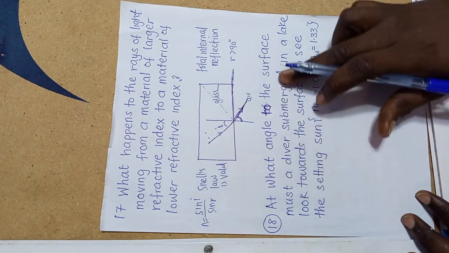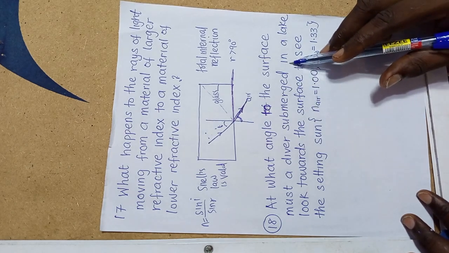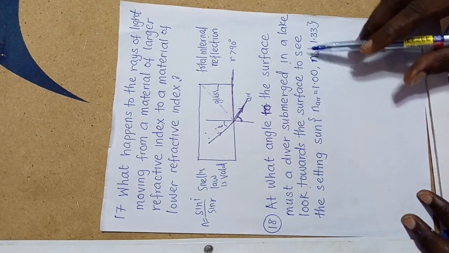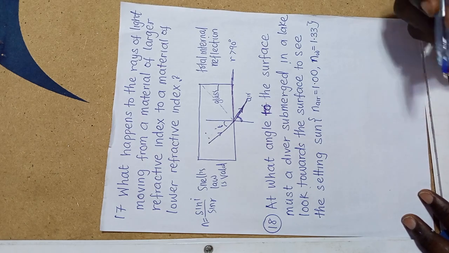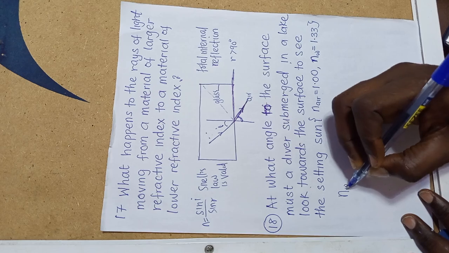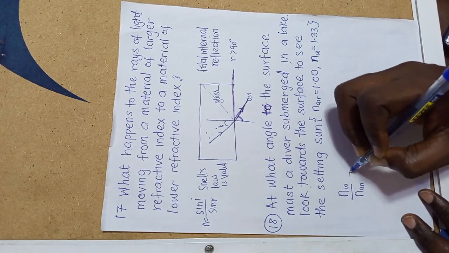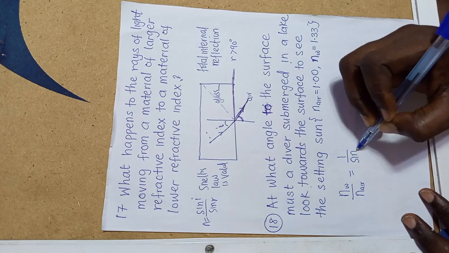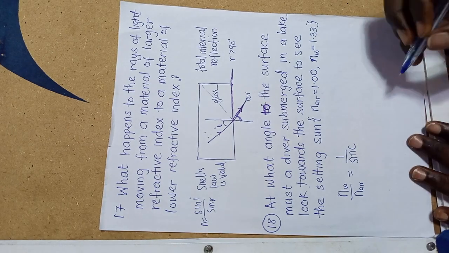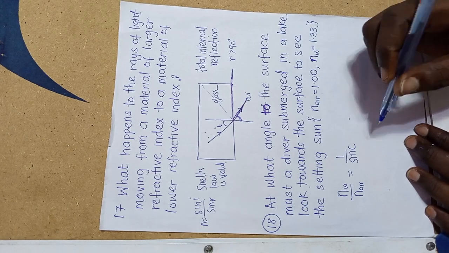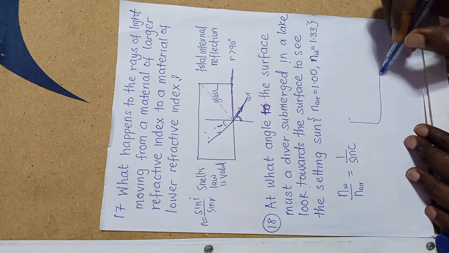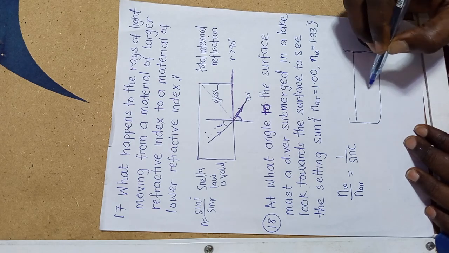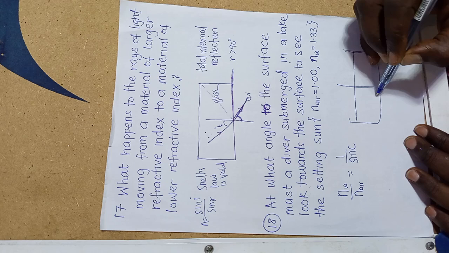Now, at what angle to the surface must a diver submerged in a lake look towards the surface to see the setting sun? At what angle? That is the critical angle. Let's say this is a lake, the surface, and this is the normal.